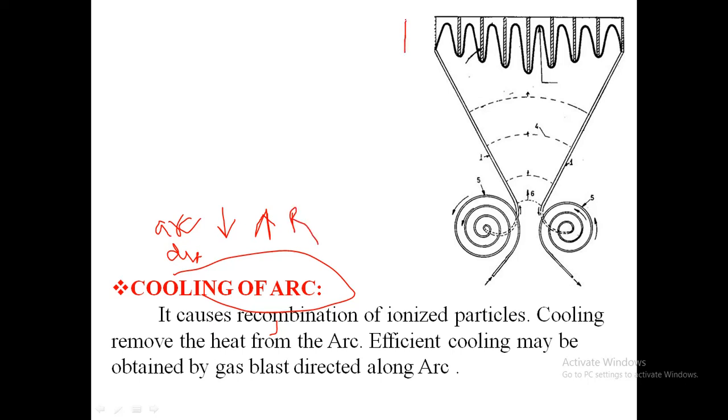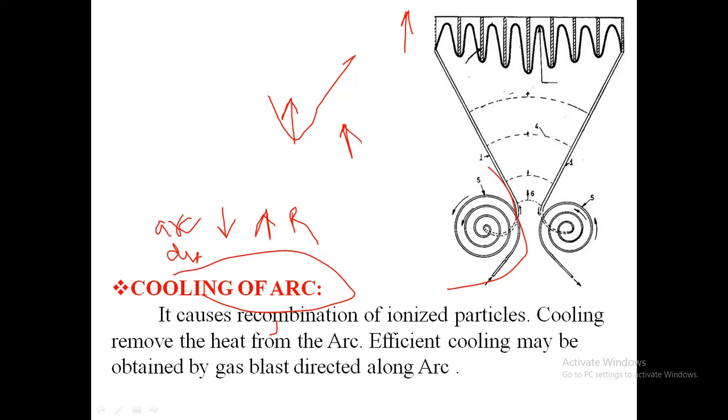For splitting, the arc moves from the upward direction, is split, and is cooled. But in length of the arc, it is moved from bottom to upward direction. A force will be exerted, and due to this the length of the arc will be increased.